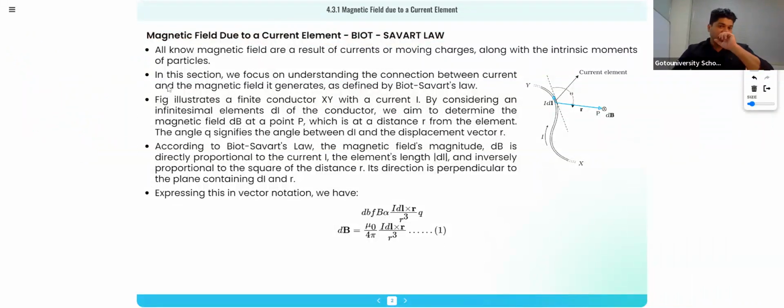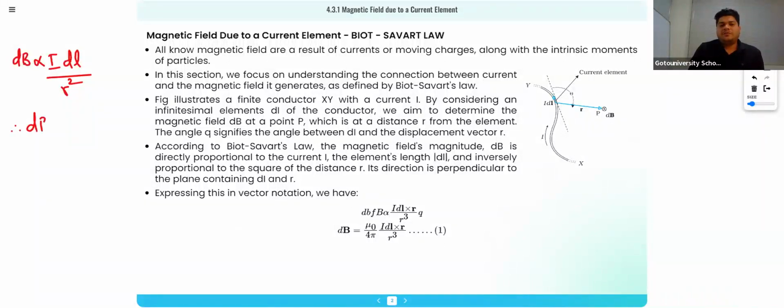In Biot-Savart Law, the statement is that the magnetic field is directly proportional to current, directly proportional to elemental length, and inversely proportional to square of distance between them.